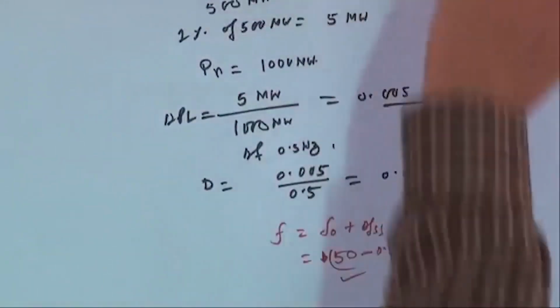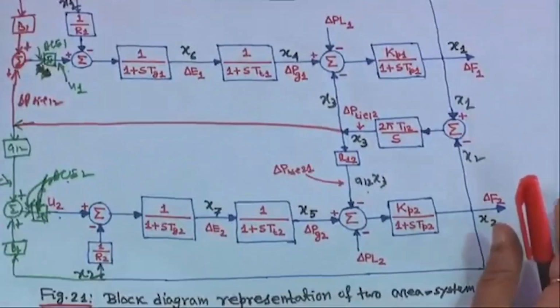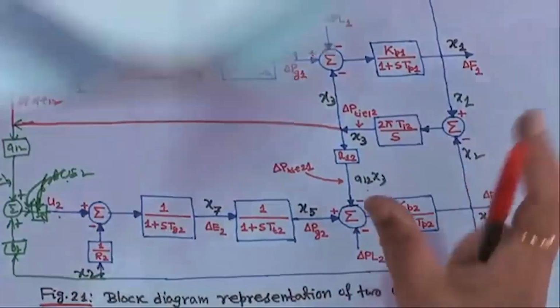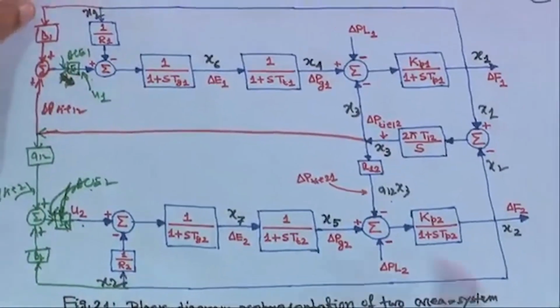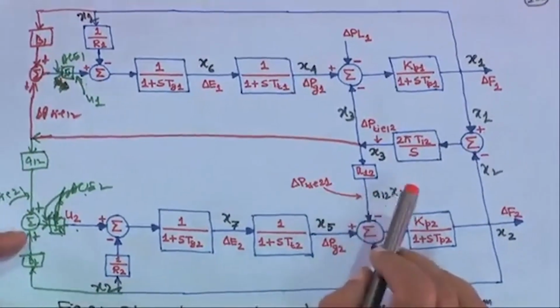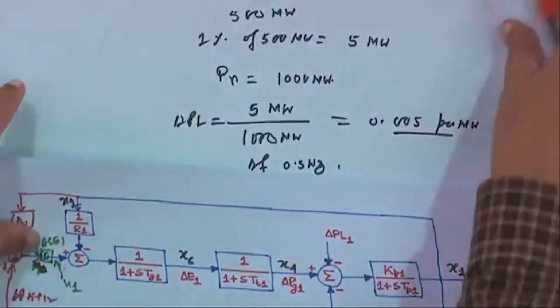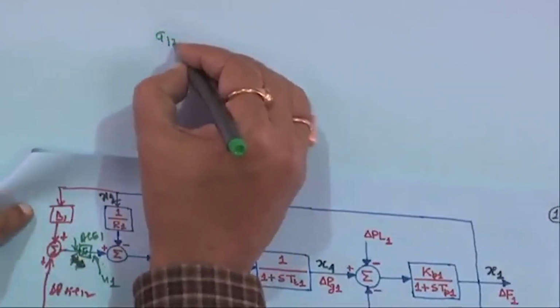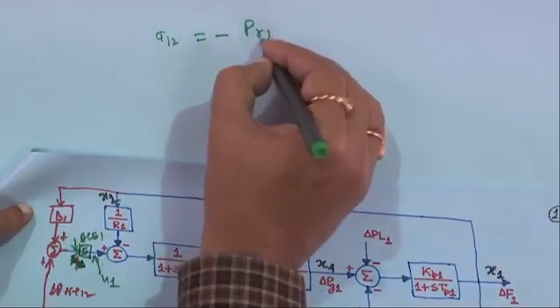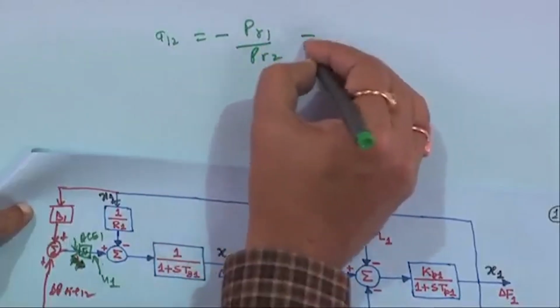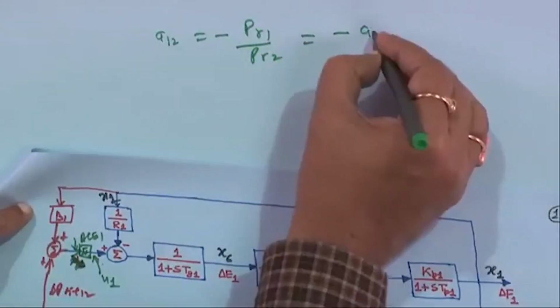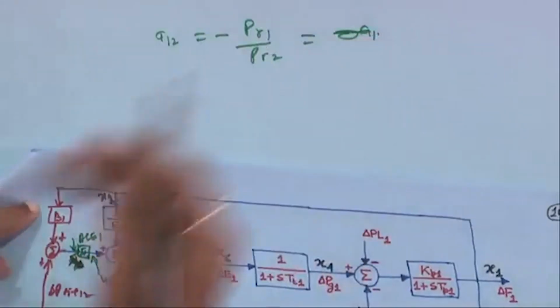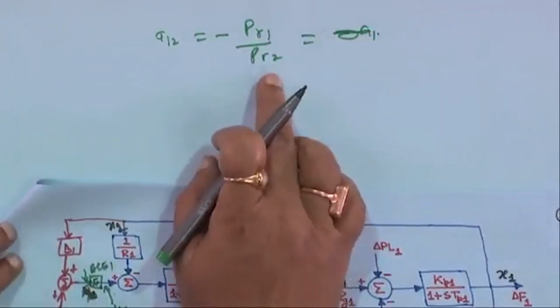Once this is done, look at this diagram once again. Here I will explain. Going to the next page, we know that A12 is equal to minus PR1 by PR2, which we define as the area capacity ratio PR1 upon PR2.